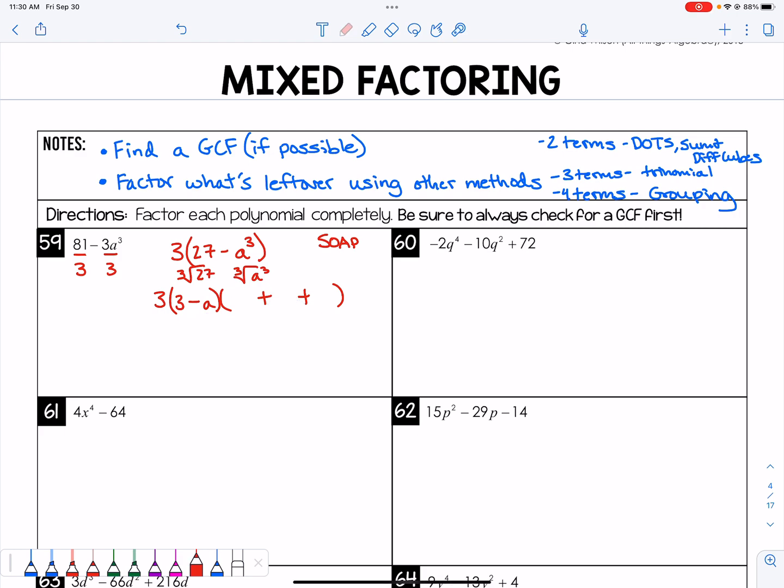So that'll be 3a. I've now factored it completely.